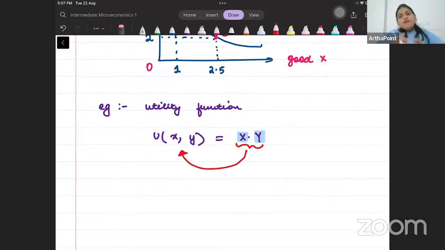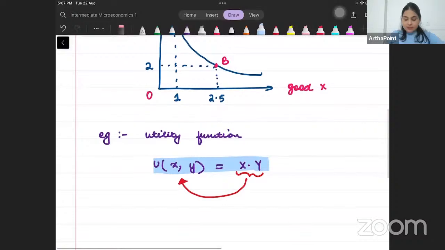It's a function; it could be anything. My utility function could very well be root xy, or xy square, or x plus y. It is not necessary that it has to be x into y. But I am taking an example that suppose your utility function is x into y.